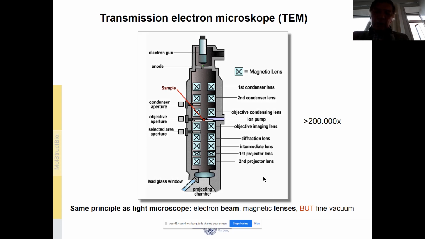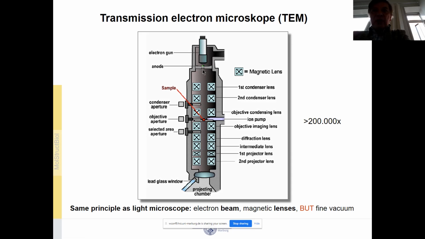What do you need? You need a source for the radiation, that's the electron gun. The electrons will then be shaped and accelerated by the anode. The voltage between the electron gun and the anode determines the class of microscope.